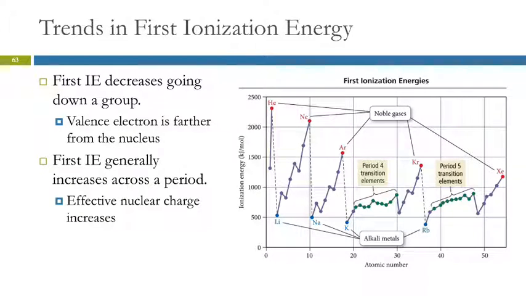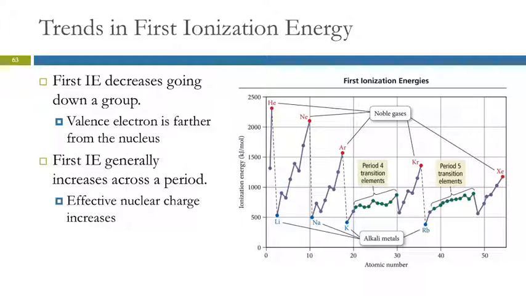So there are trends with the first ionization energy. As we go down a group, like here are the noble gases, helium, neon, argon, krypton, xenon, the ionization energy decreases. Why is that? The valence electron is what's getting removed.